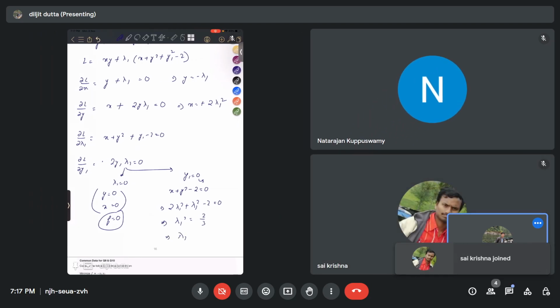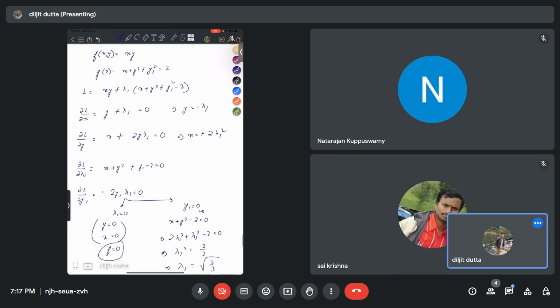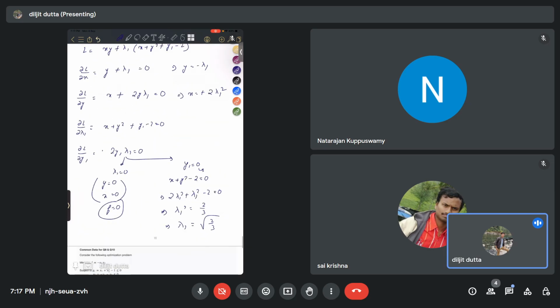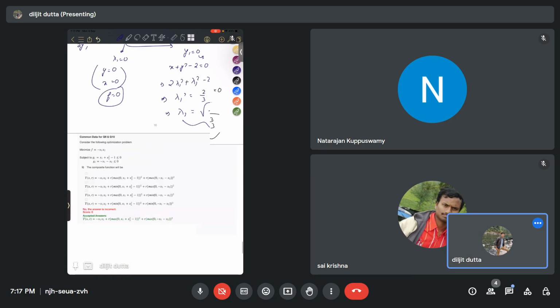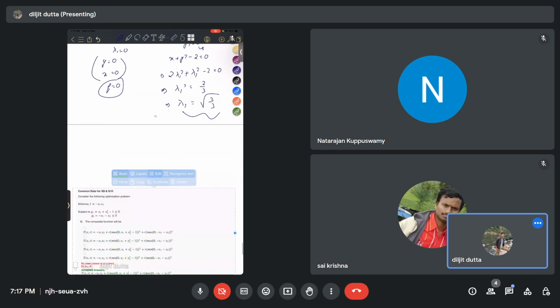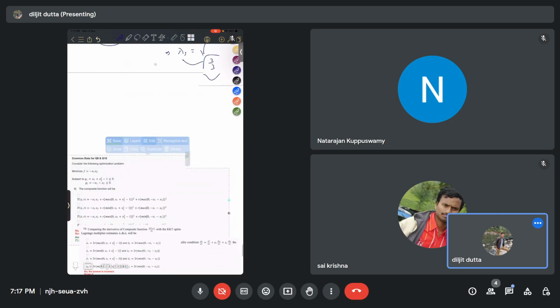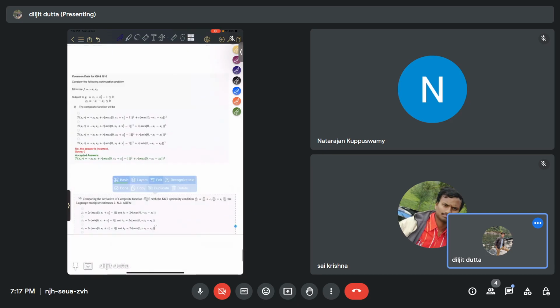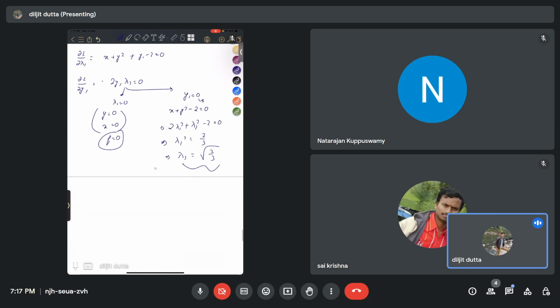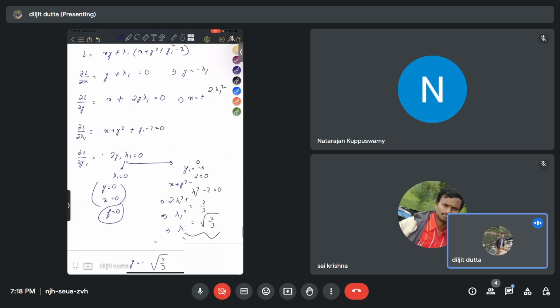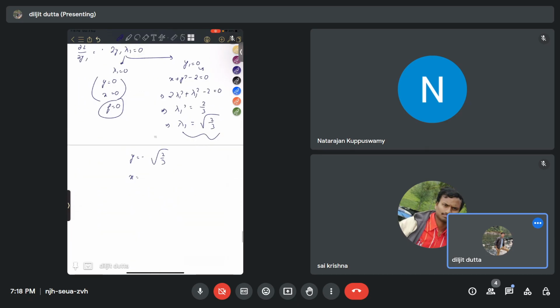Lambda 1 is equal to under root 2 by 3. If lambda 1 is equal to root 2 by 3, then y is equal to minus root 2 by 3, and x is equal to 2 into 2 by 3, which is 4 by 3.